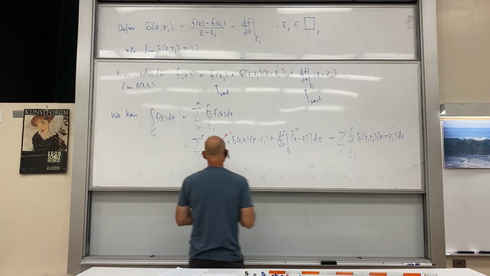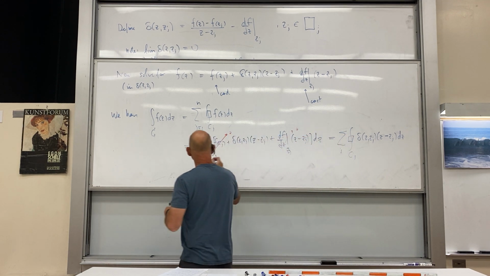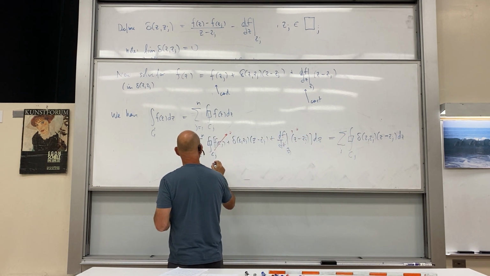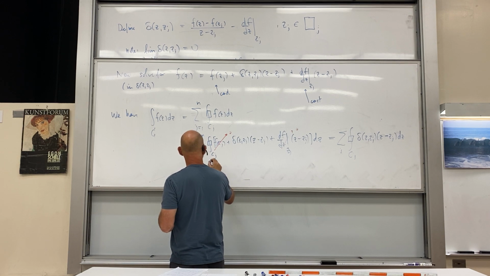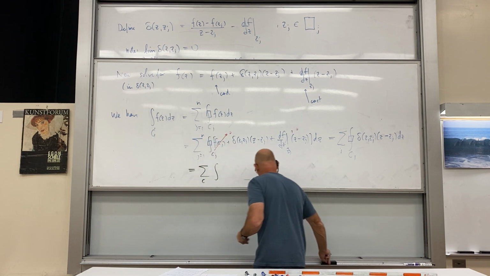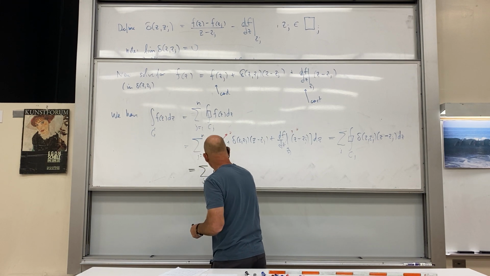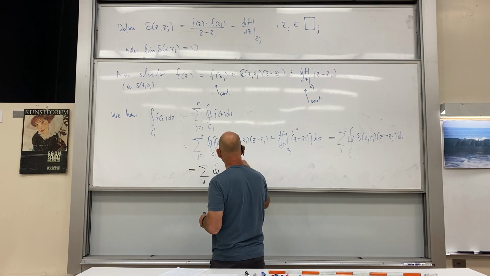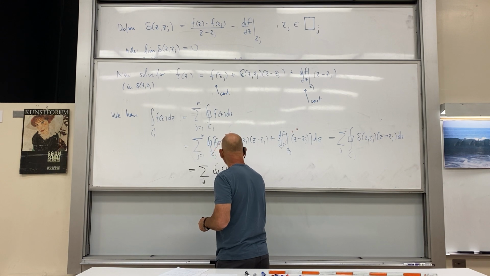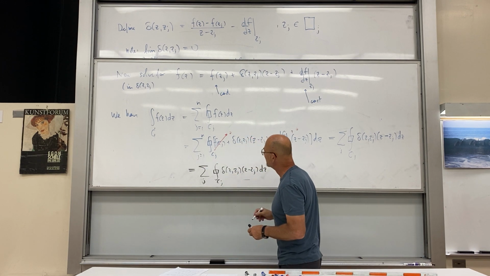Let's clean this up first of all. So we have equals just what we have left here: the sum over j equals 1 to n of the integral of delta of z sub j, z minus z sub j, dz.